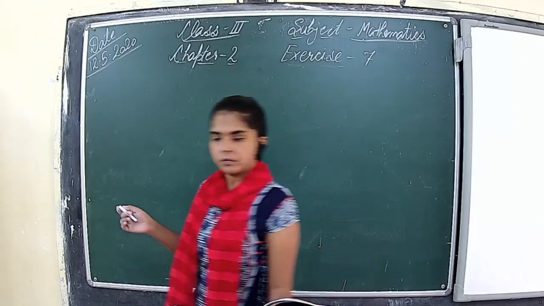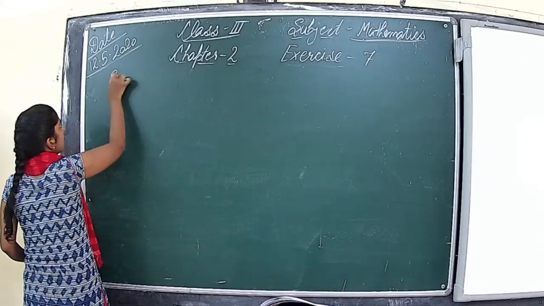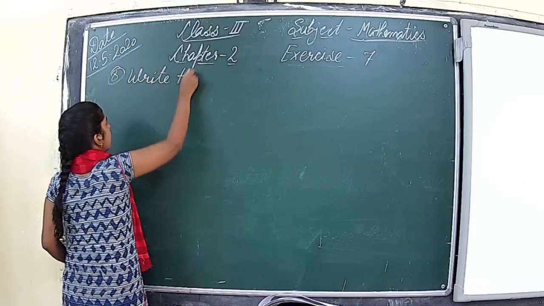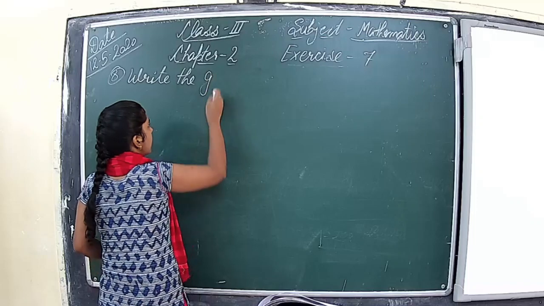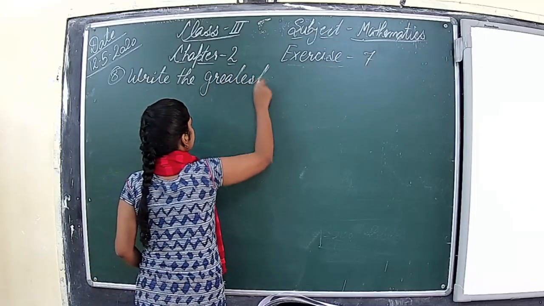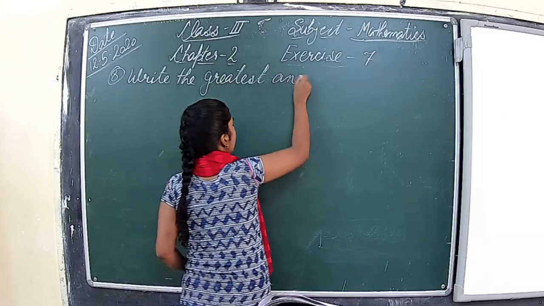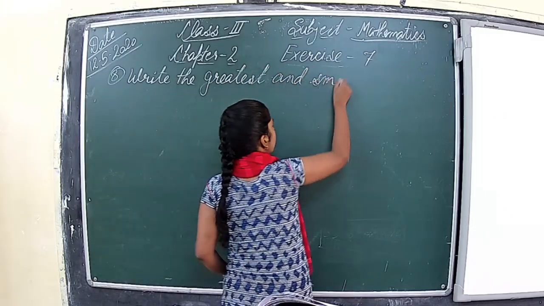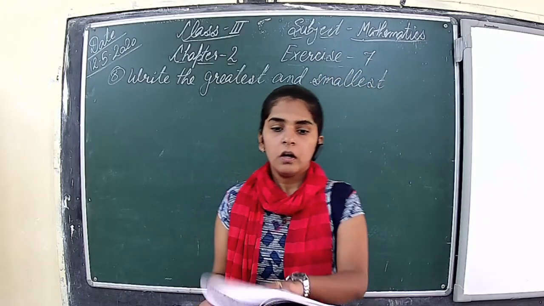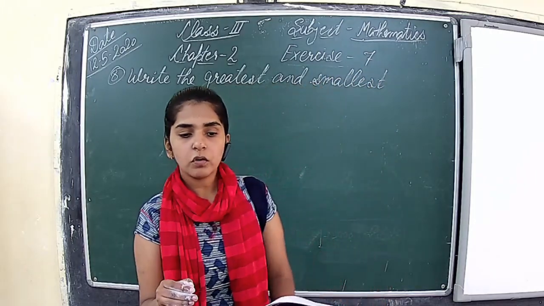Okay? Write the greatest, I think greatest should be there. Write the greatest and smallest numbers of 2 digits.